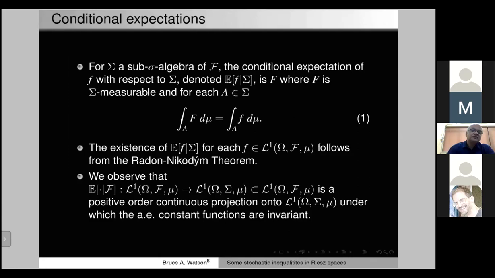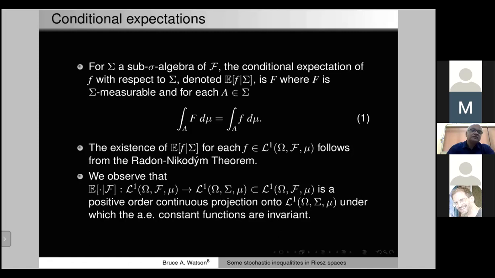Okay, conditional expectation operators. If we take a subsigma algebra of our original sigma algebra, we can form the conditional expectation operator on it by looking at the functions capital F, whose integrals over each one of the subsigma algebra sets coincide with the original function of which we're taking the conditional expectation, and we require that our capital F be sigma measurable, capital sigma.